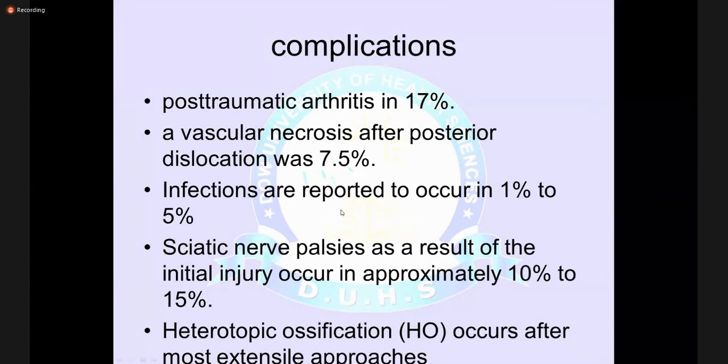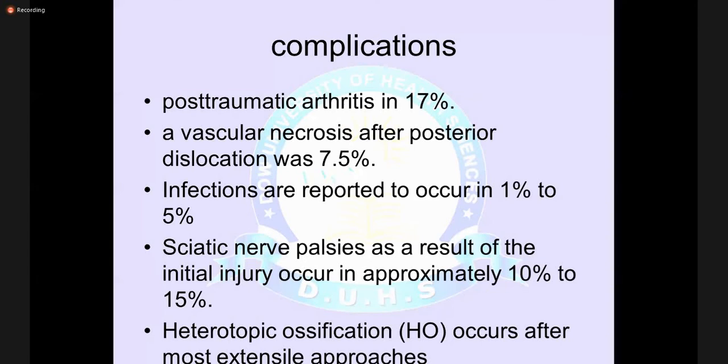Infections are reported to occur in about 1 to 5% of the cases of acetabular fracture in open reduction and internal fixation. Neurological injury, sciatic nerve palsies are up to 10 to 15%, and heterotopic ossification also occurs about 5 to 7%, because the acetabulum is the deepest part of the hip joint.